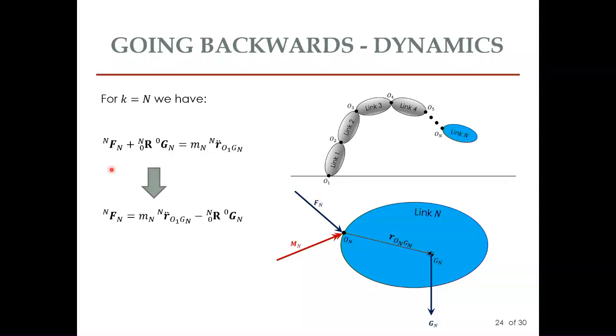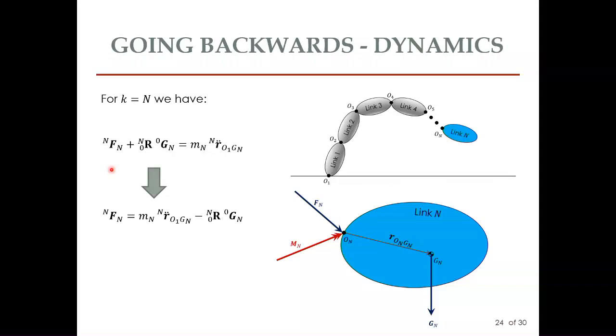What we can do is extract this Fn from this equation just by moving this to the other side.